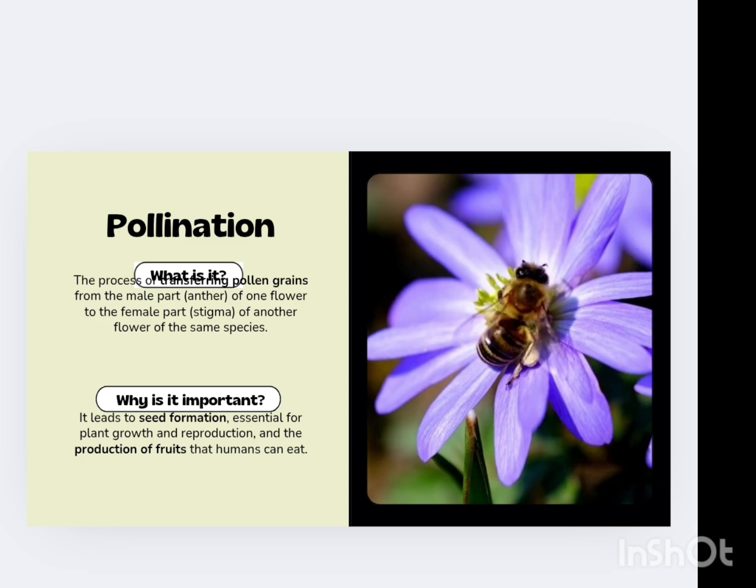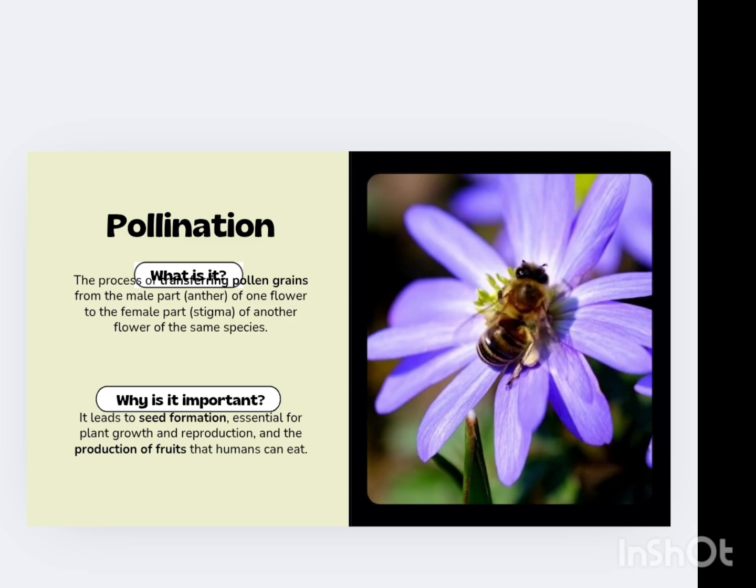Now, what is pollination? Pollination is a simple process through which the pollen grains, produced by the pollen sac of the anther, are released into the air or onto a surface, and some agents such as pollinators, which may be insects, wind, or water, carry them. For different ecological niches, different pollinators are there.